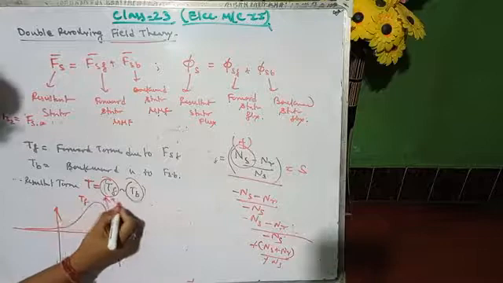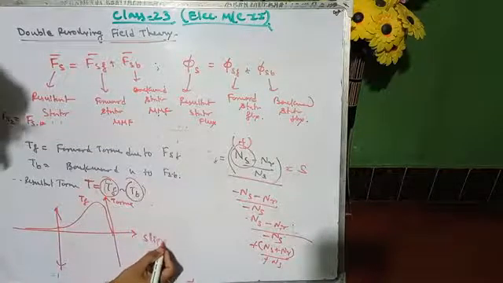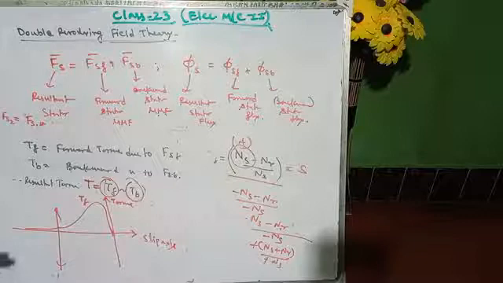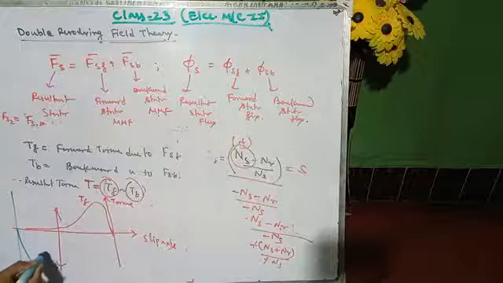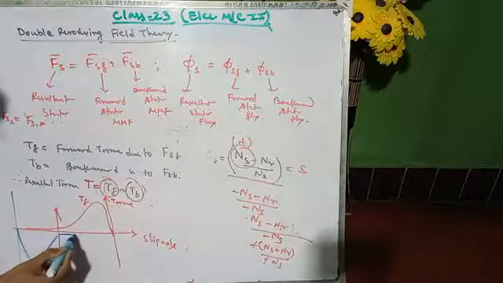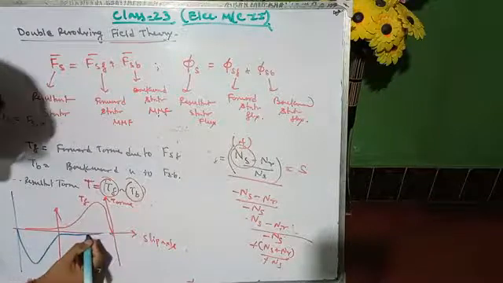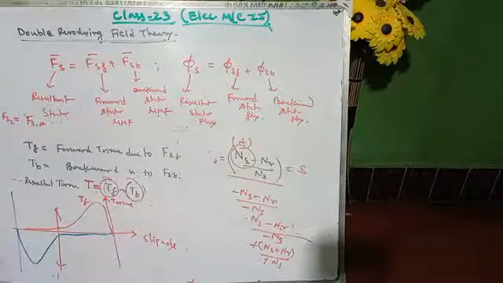So this is your torque axis and this is the slip axis. And this is your Tb.